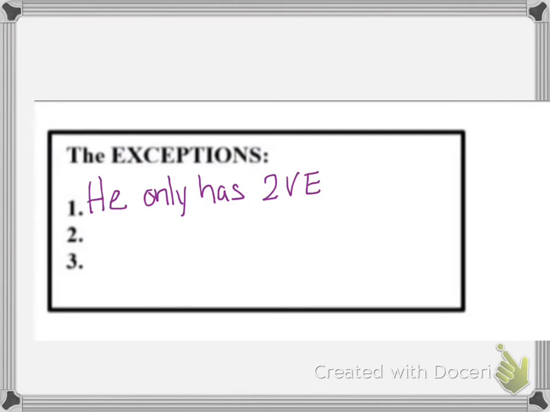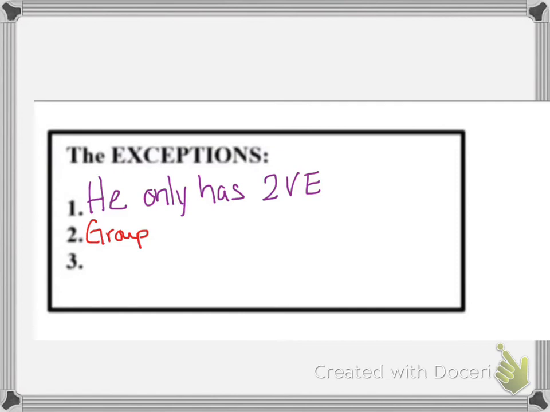When we're talking about helium, the fact that it only has 2 valence electrons makes it not fit in its family or its group, which is the column that goes up and down, because everything in that gas column should have 8 valence electrons, except for helium. It only has 2, so that's an exception.